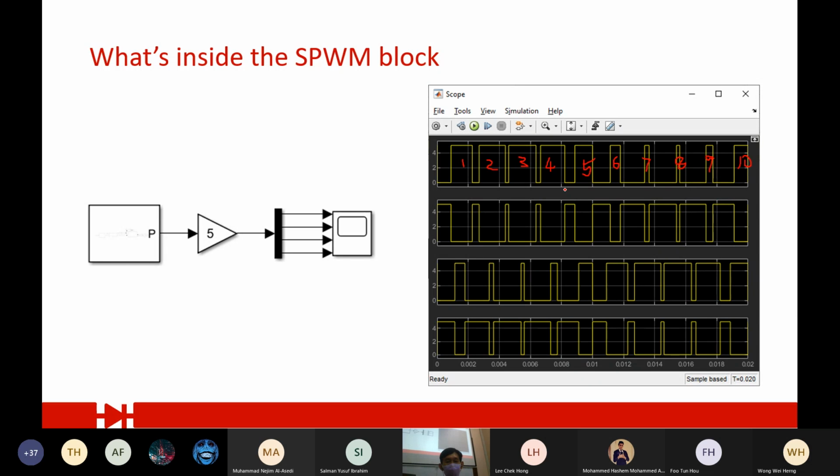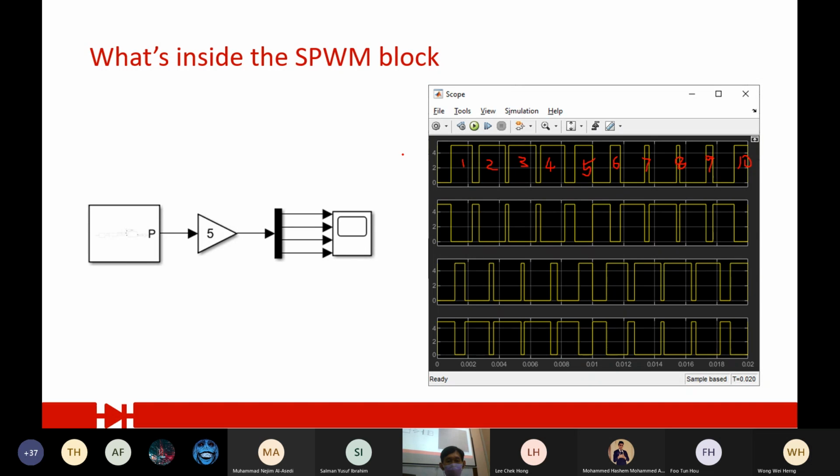And you can see that the second one is the opposite, the inverted version.